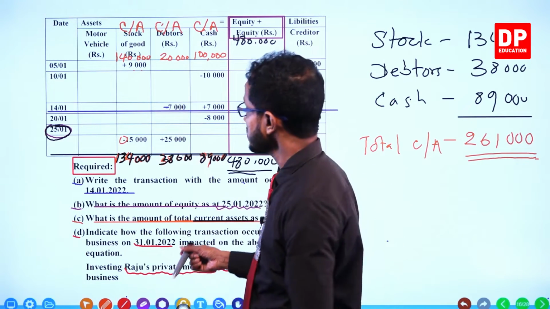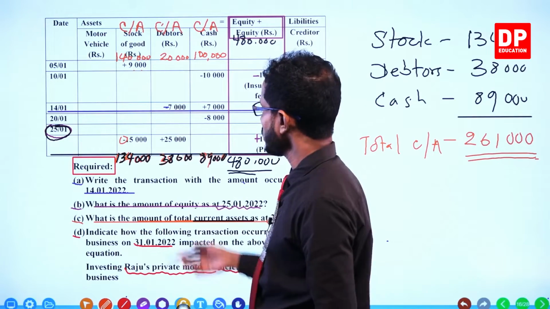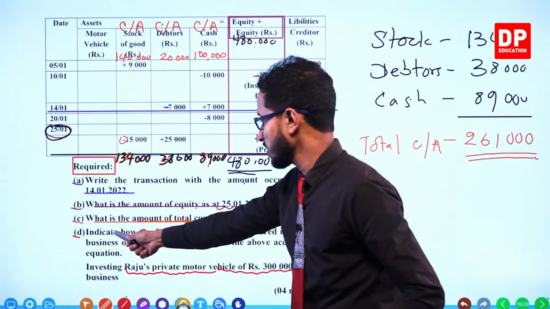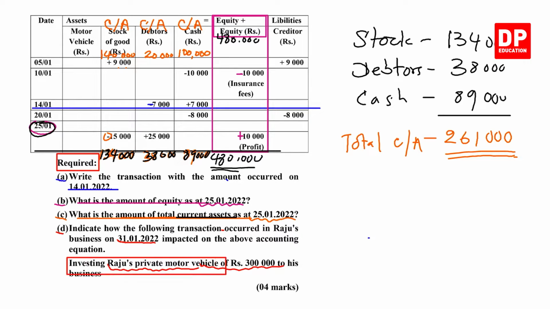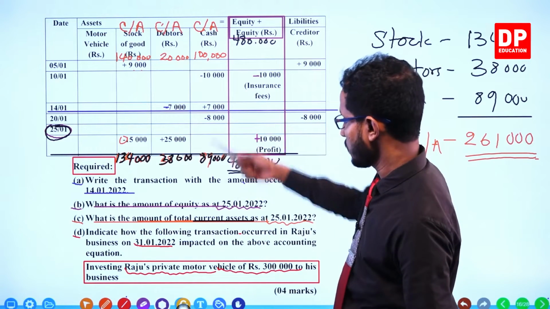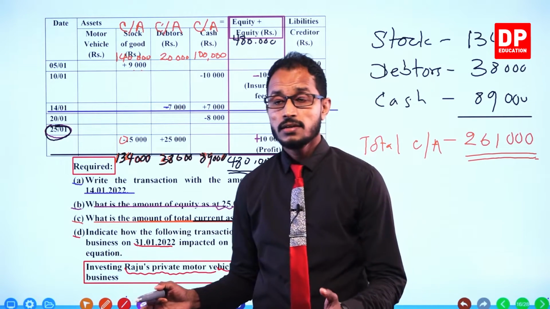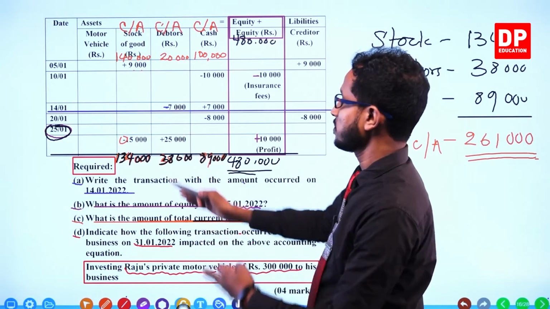So motor vehicles increase. How to do this? We'll do it right here, shall we? They're asking to indicate how this transaction affects the accounting equation here, which means, my dear students, we need to record it right here.